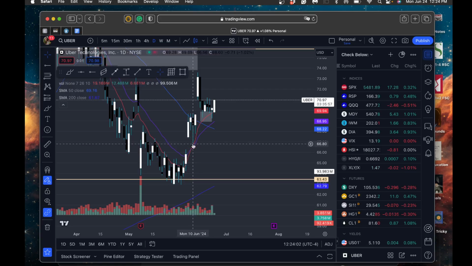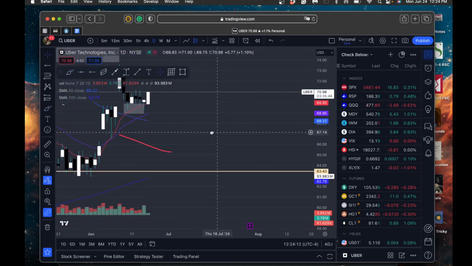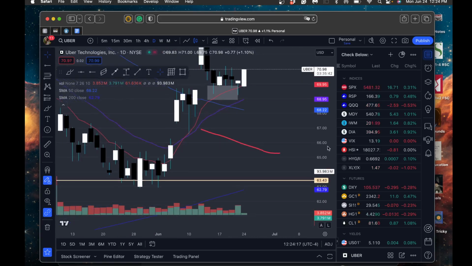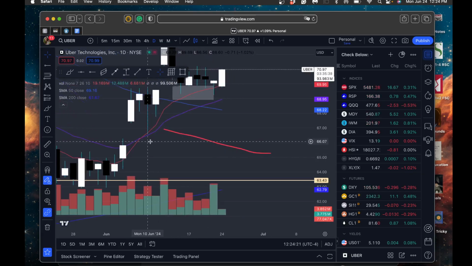So as we can see here, I think it's easier to do with the larger candles, to make this a little bit more obvious. Okay, so as we can see here, this is perfect. We're looking at this one right here.